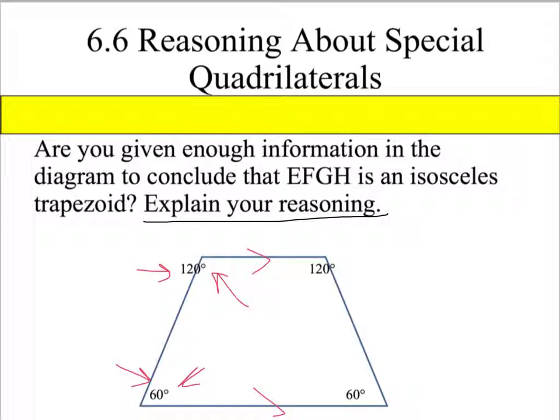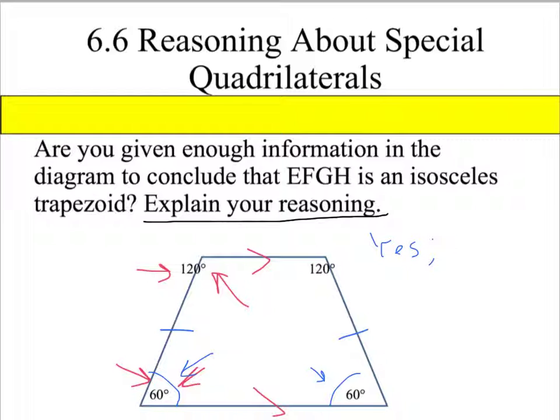In order for us to show that it's an isosceles trapezoid, we need to be able to prove that these two sides are congruent. Can we do that? And the answer is yes. Remember our theorems from yesterday. Remember theorem 664: if a trapezoid has one pair of congruent base angles, which we do here at 60 degrees and 60 degrees, then the trapezoid is isosceles.